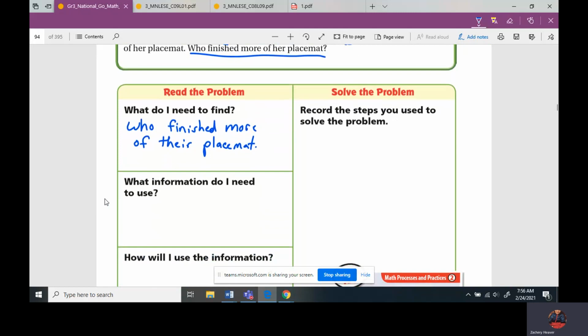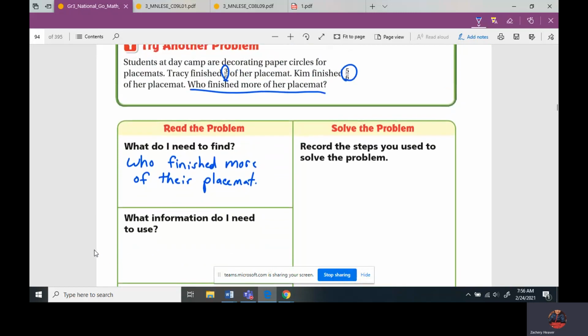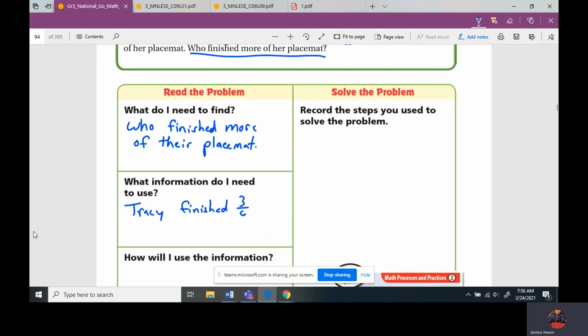Now, what will we use? We know that Tracy finished 3/6, and Kim finished 5/6.